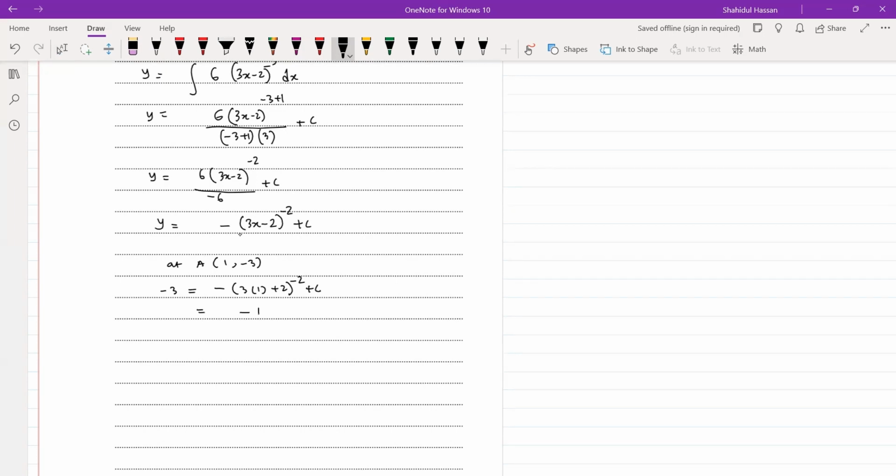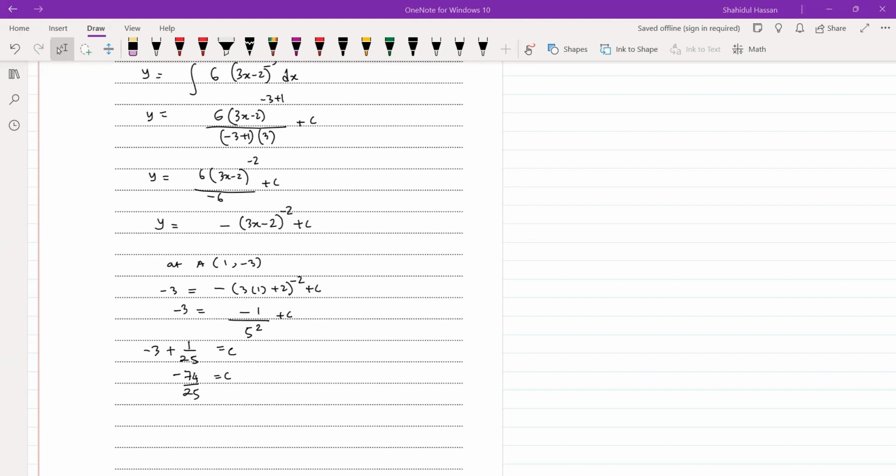So 5 to the power minus 2, this will be minus 1 over 25, plus c equals minus 3. If we take it on the other side, it will be plus 1 over 25. So c is 1 over 25 minus 3, my calculator says minus 74 over 25.